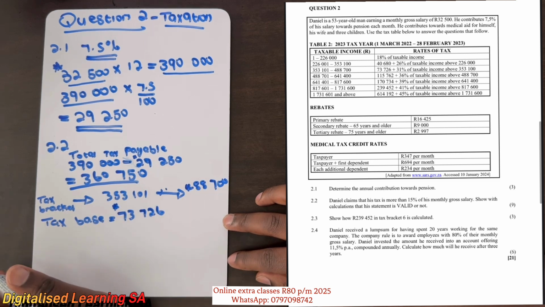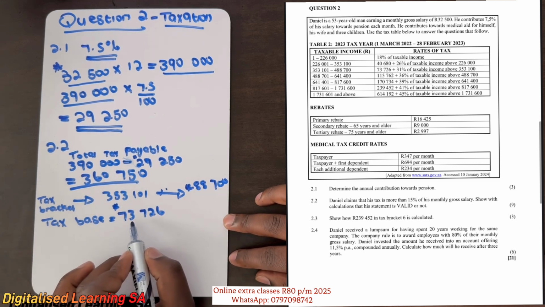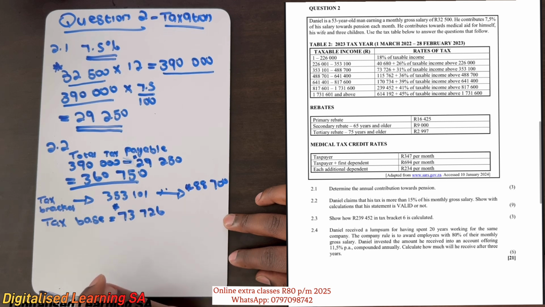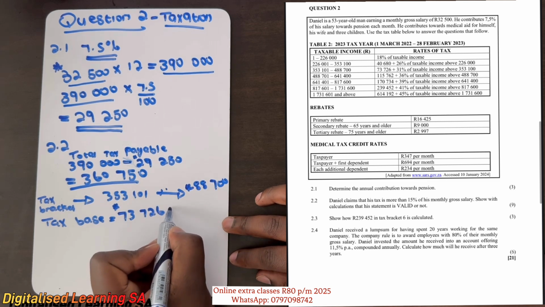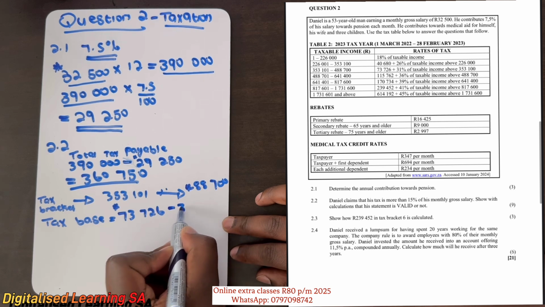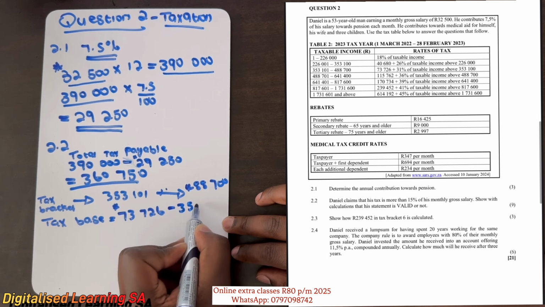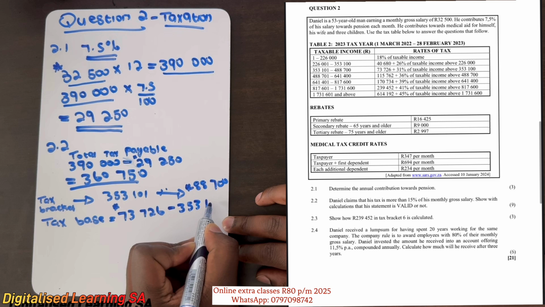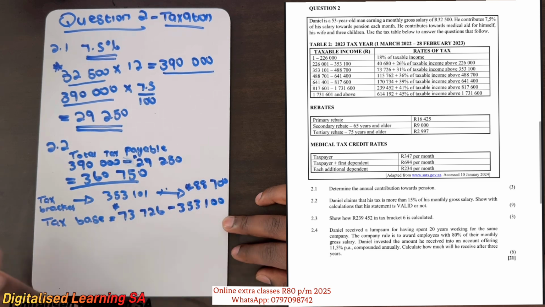And this tax base is calculated from how much? If you look at that row, you can see that at the end they wrote that the base tax is for 353,100.